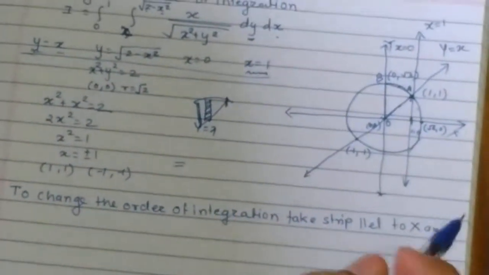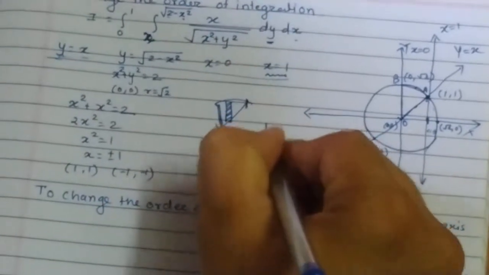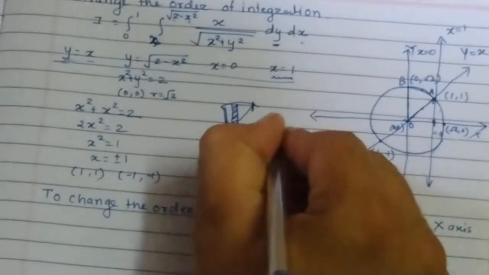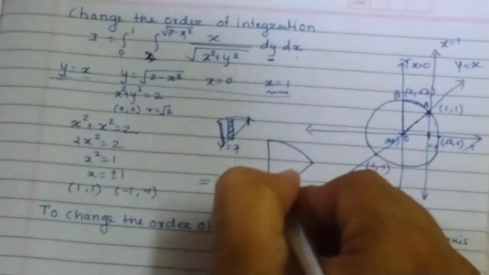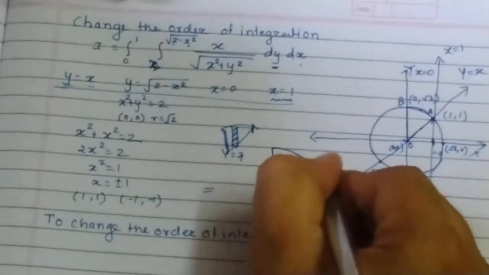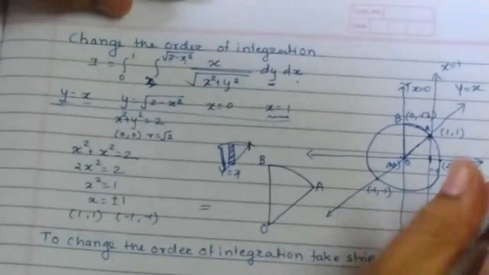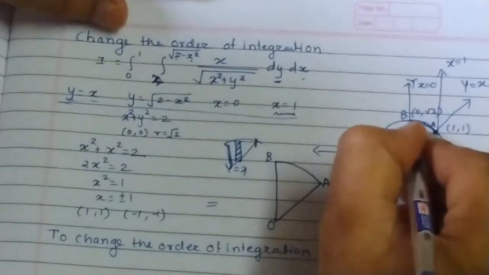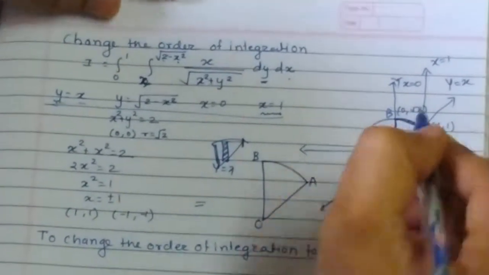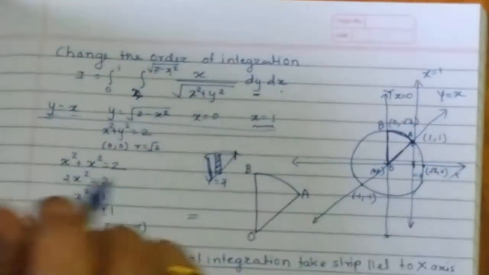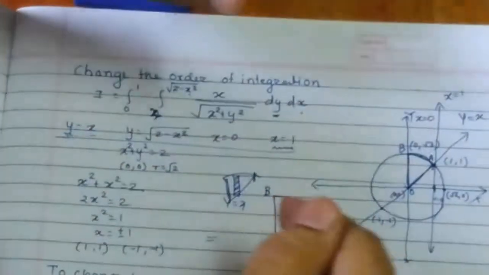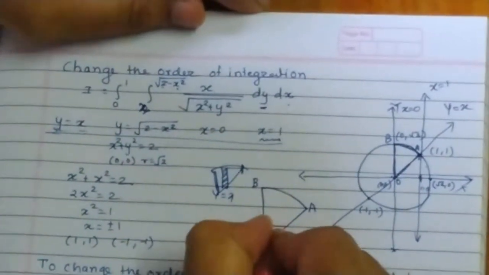Now, as I am considering a horizontal strip, I just draw this region again here. This is my actual region O. This is point A. This is point B. I am just taking a bigger view of this region to understand it very well. I am going to consider a horizontal strip. So that means my strip is like this.